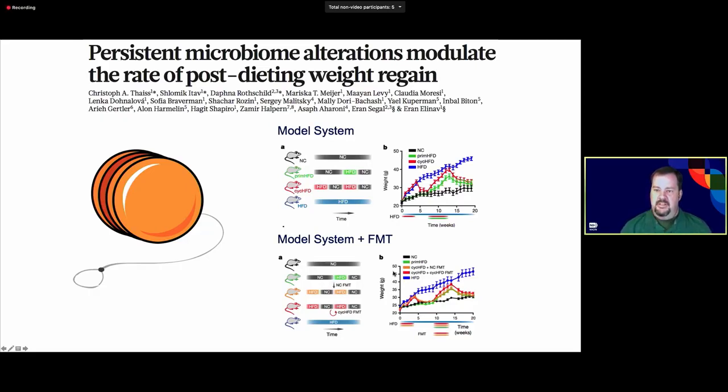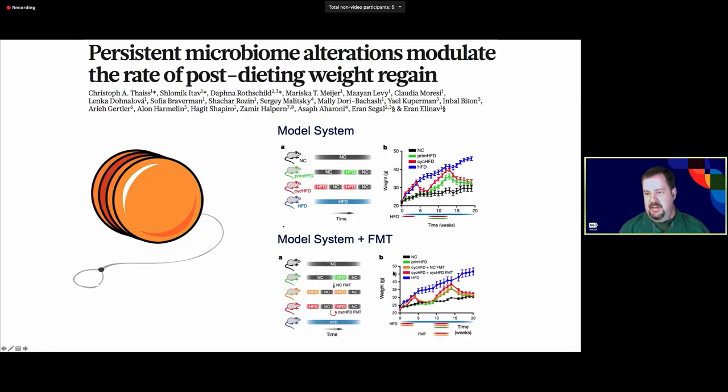Without getting into all the details of it, if you look at the top panel, the chart on the right-hand side, that black line is what a mouse getting normal chow looks like, and the blue line is what a mouse getting a high-fat diet looks like, and weight is the readout. But the red line is what's really interesting, which is if you take a mouse and you put him on a high-fat diet, he obviously will gain weight.